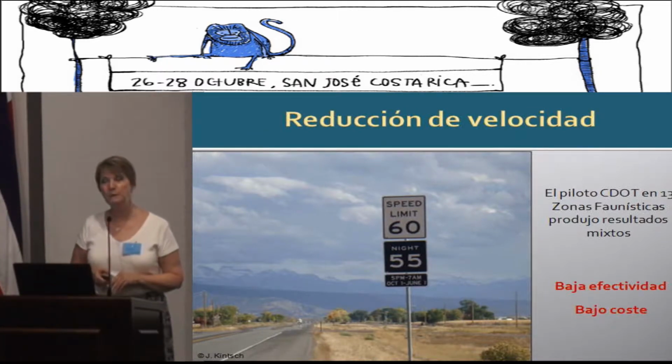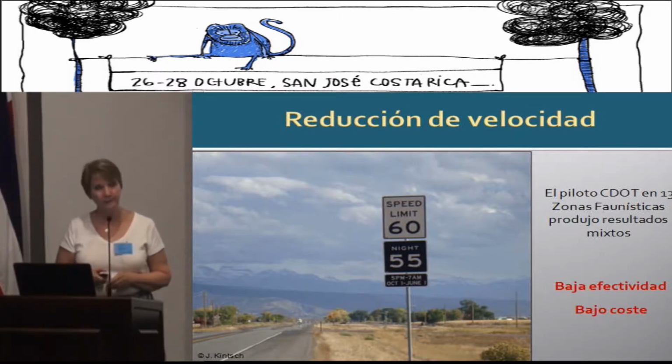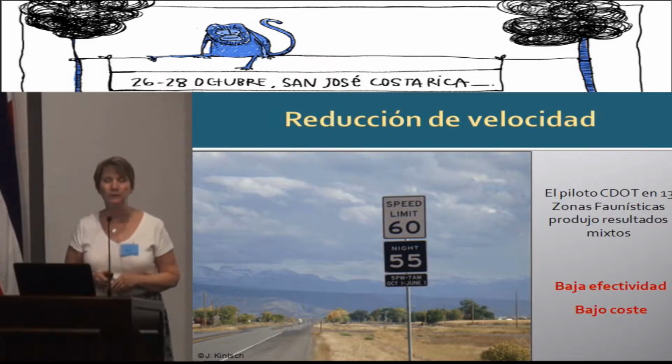How about speed reduction? Well, boy, there's a lot of, let's say, disagreement on this. I can't tell you how many scientific papers I've read where the entire discussion has nothing to do with speed, and then in the discussion, all of a sudden the authors say, well, the fix to this problem of wildlife vehicle collisions is to reduce driver speed.